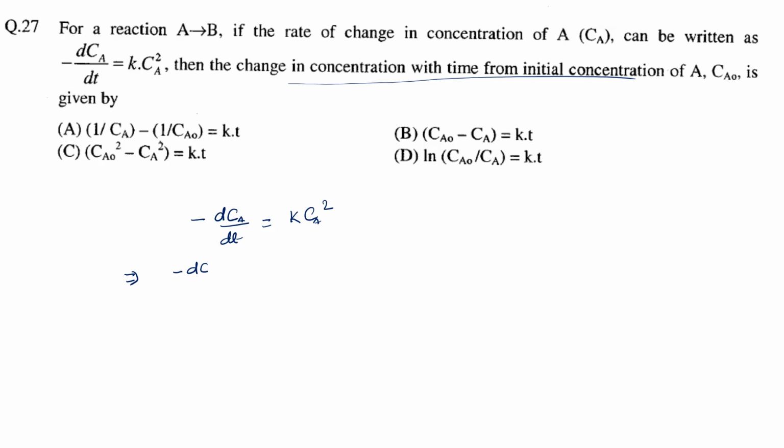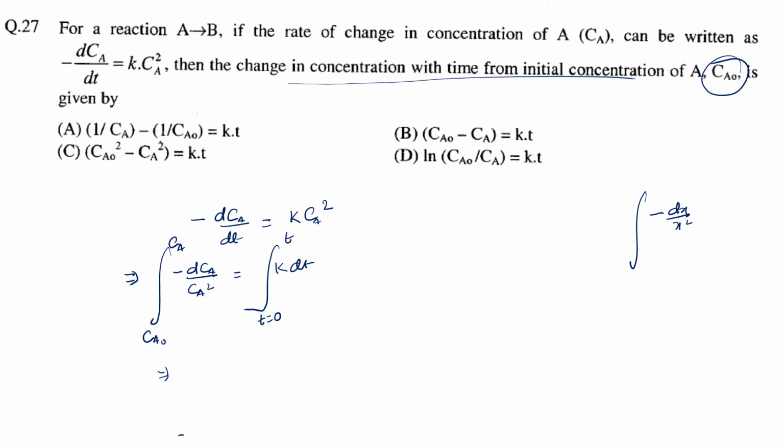So let us rearrange this. We can write it like this. Now do the integration. The initial concentration is Ca naught and the final concentration, let it be Ca, and the initial time is 0 and the final time is t. So it is like minus dCa by Ca square, like minus dx by x square.